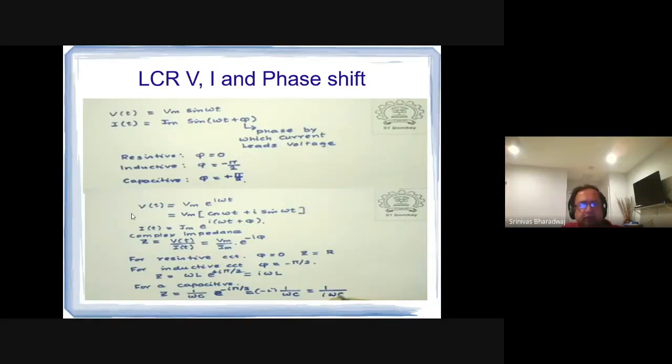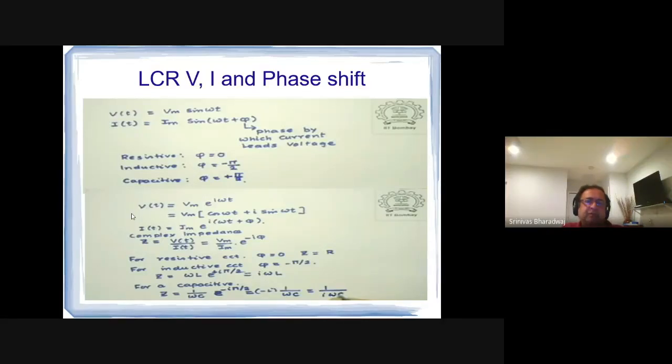And what we are going to do is, in a circuit, we are going to introduce de Moivre's theorem. Now we write V equals e to the power of I omega t.